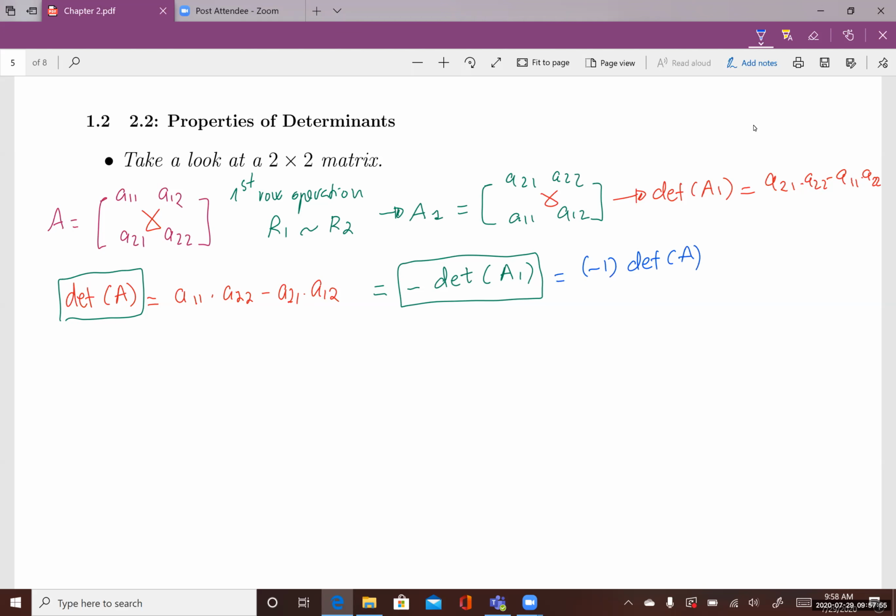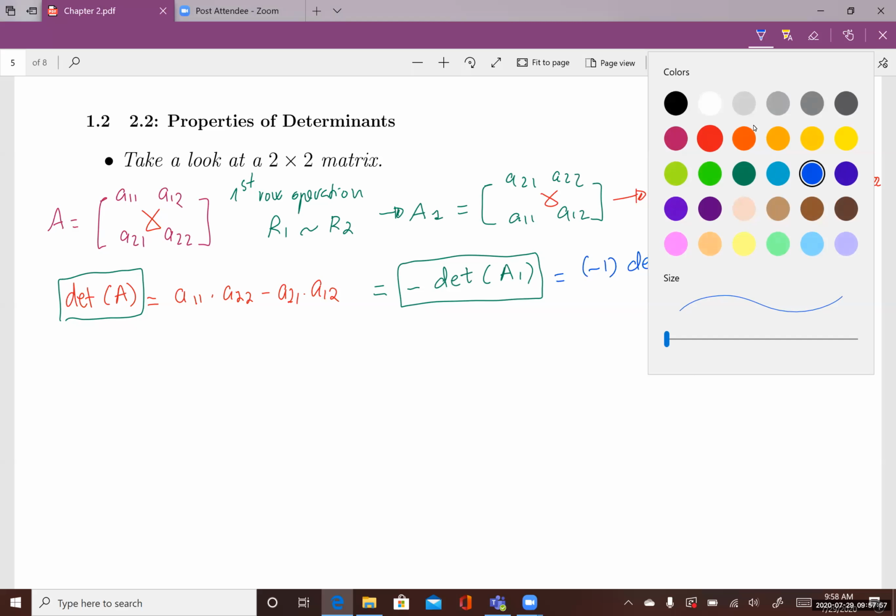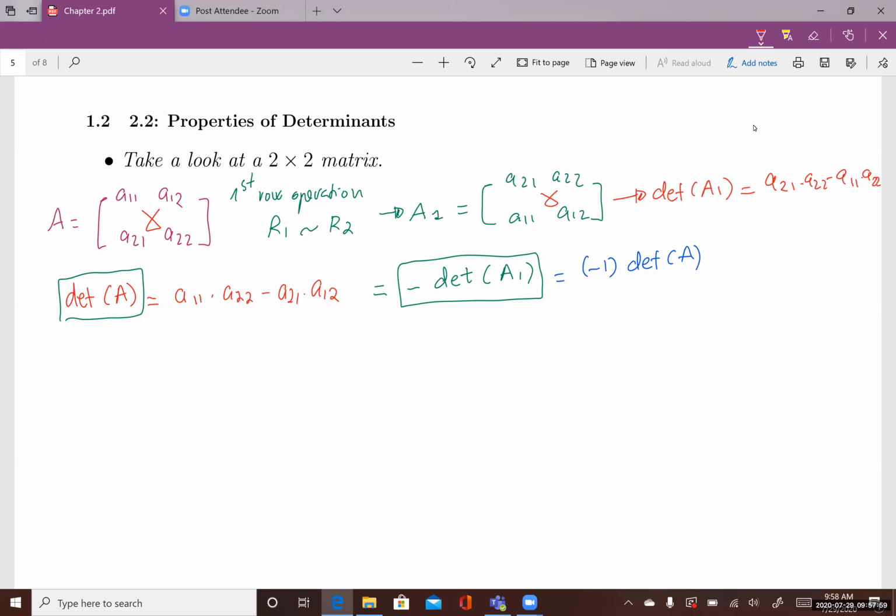All right. What about using the second row operation? The second row operation is when you multiply one of the rows by a non-zero constant. So let's say I take row 2 and I multiply row 2 by 2.